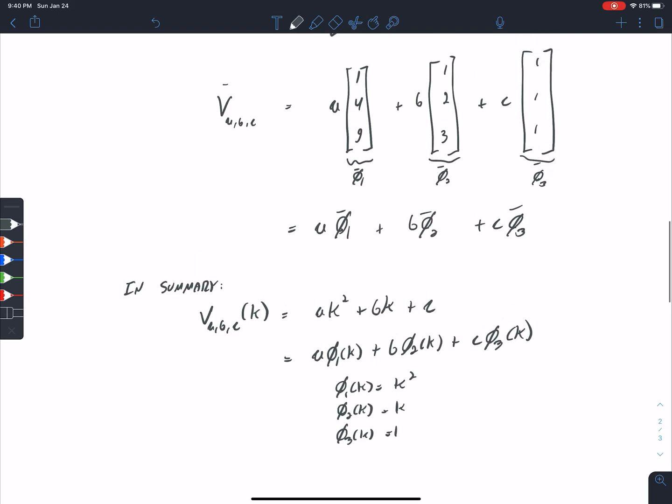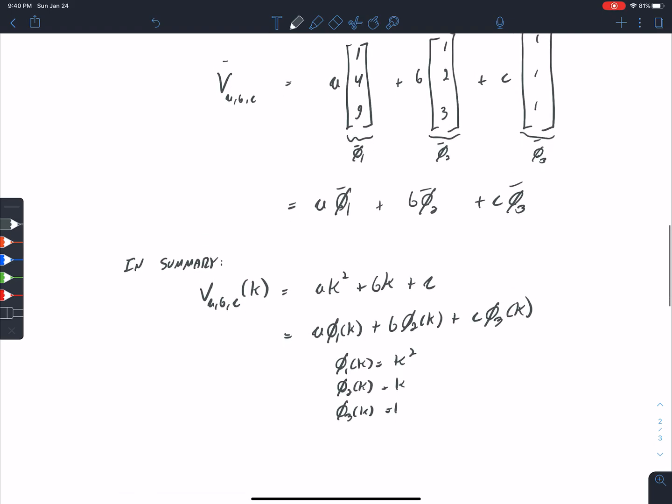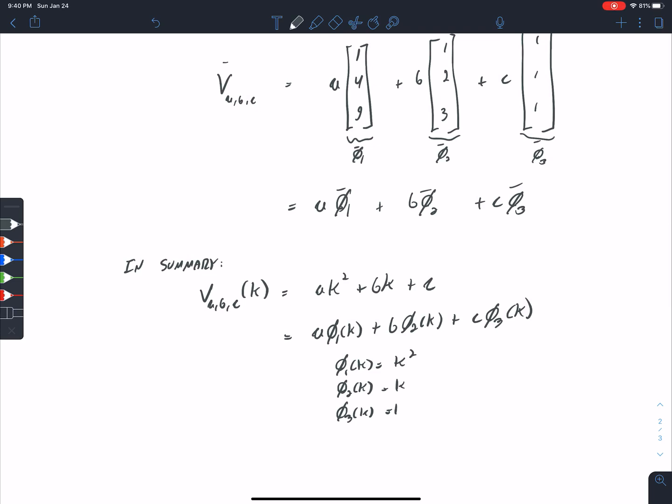So this technique of looking at the model vectors, the vectors that come from our model, can be used to write any linear model. We just change the definition of the vectors.